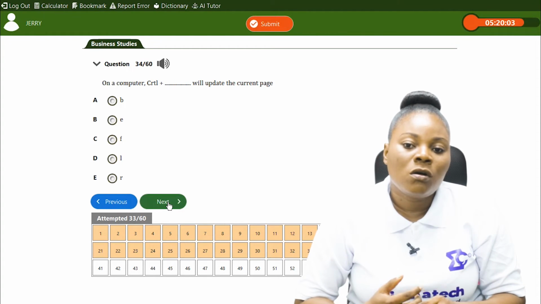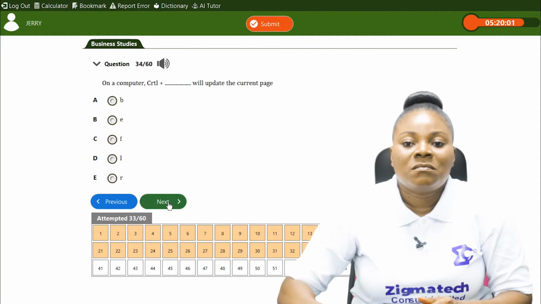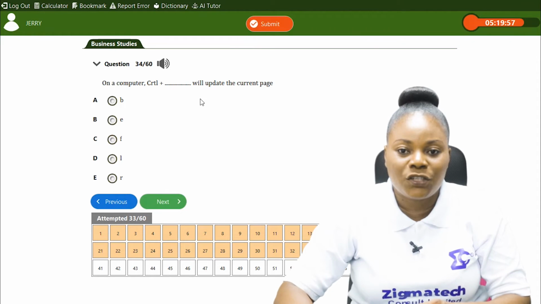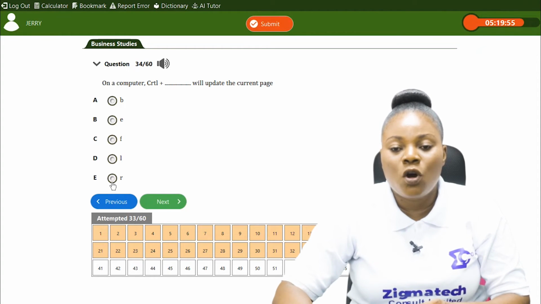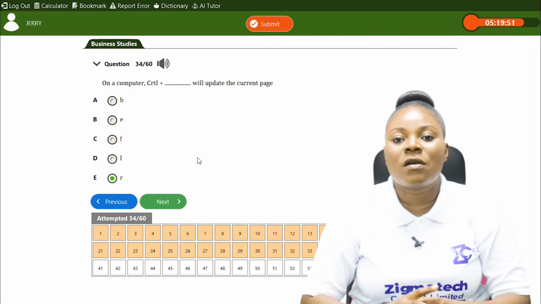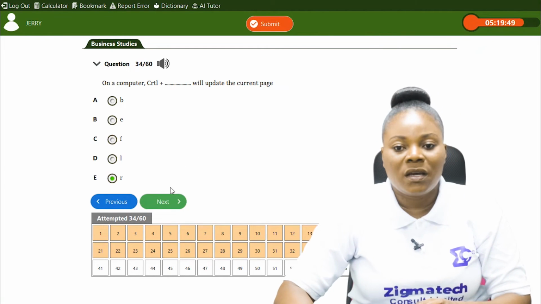The letter that moves together with the control key to update a page of a computer is Control R. Control R is used to update the current page on the computer.